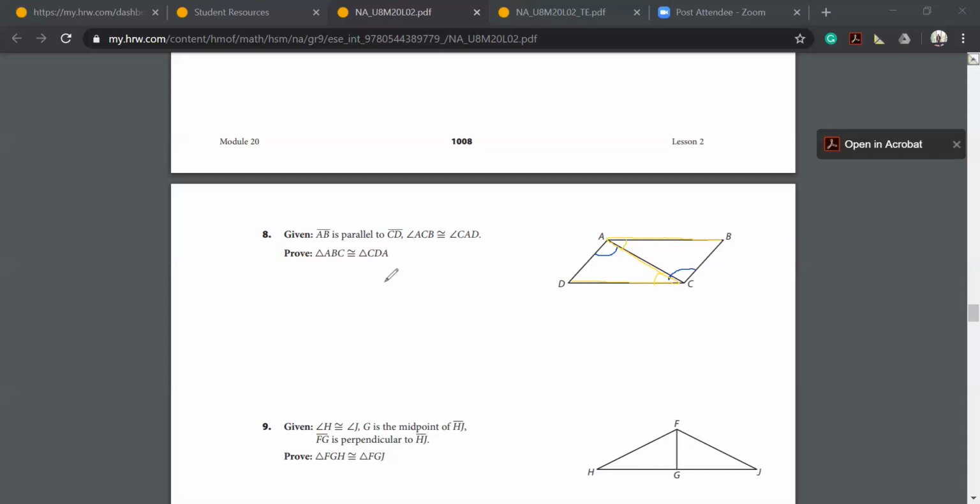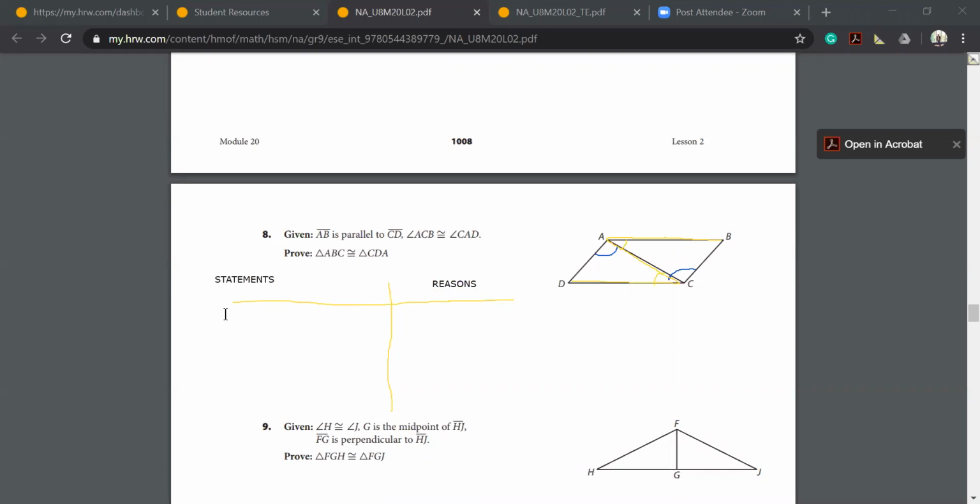Now let's begin writing. Of course, you are going to make a table. Here you are just going to write statements, and here your reasons.